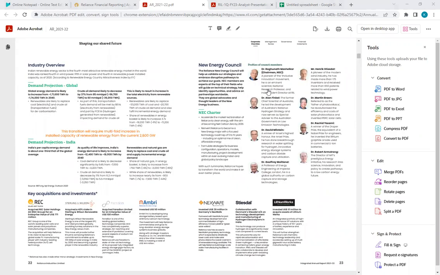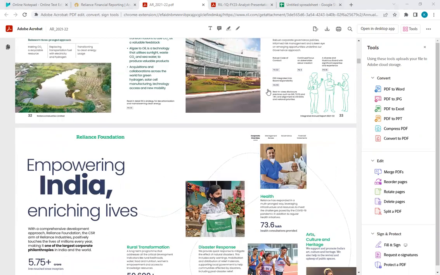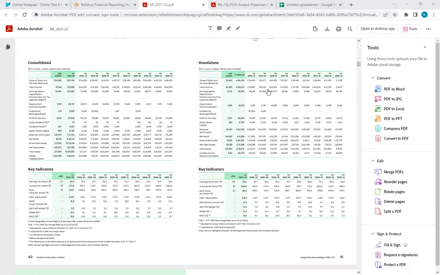This is the annual report of Reliance Industries. So I am trying to go to the page where we can see the balance sheet statement.